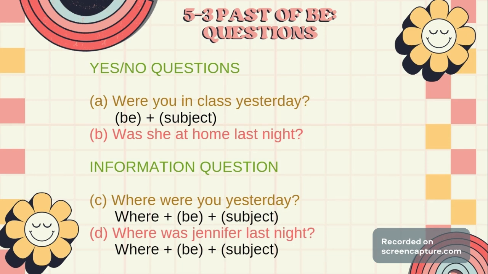So was is a be, she is a subject. Information question. So, where indicates an information question. For example, where were you yesterday? So, where is a keyword and were is a be. And you is a subject.